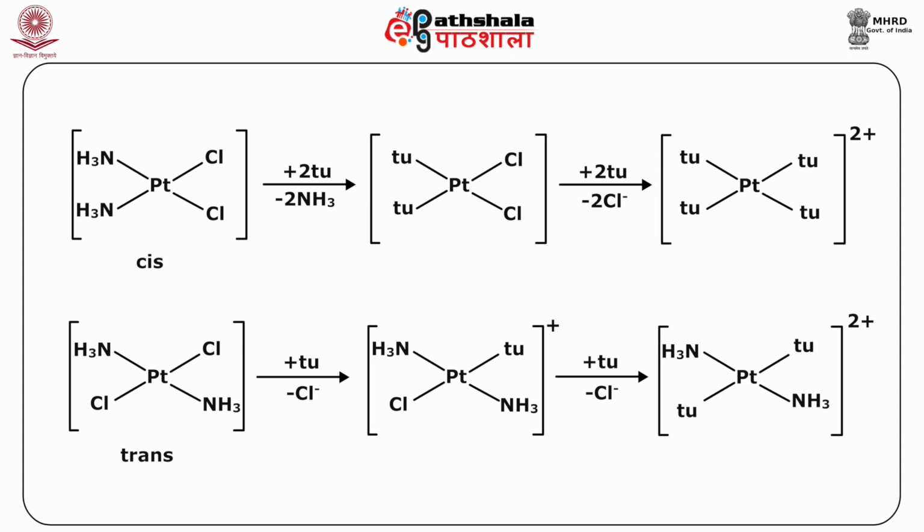Now see the beauty: if we treat the trans dichloro diammonia platinum complex with one thiourea, what will happen? The trans directing power of chlorine is greater than ammonia, so one chlorine from the trans Cl-Pt-Cl will dissociate and the thiourea will occupy the position.